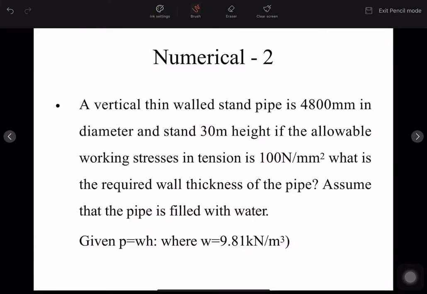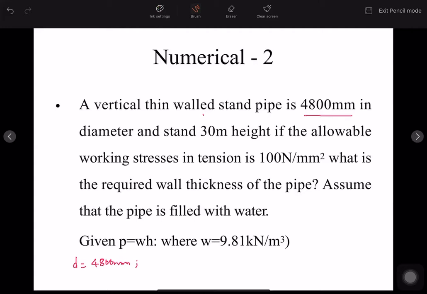In the same way, if we look at the next numerical: a vertical thin-walled standpipe is 4800 mm in diameter. So small d is 4800, and the standpipe is 30 meters in height.